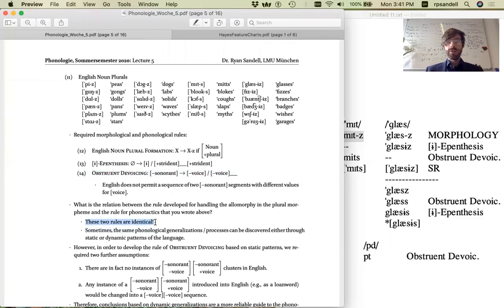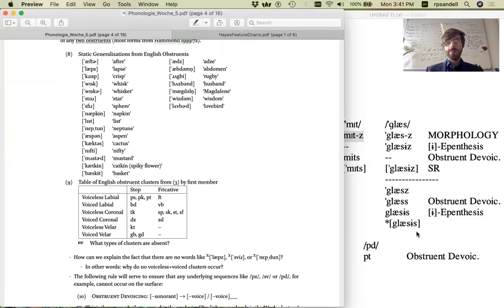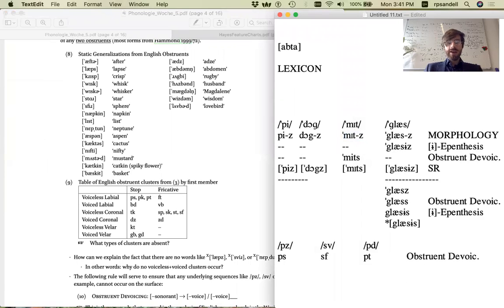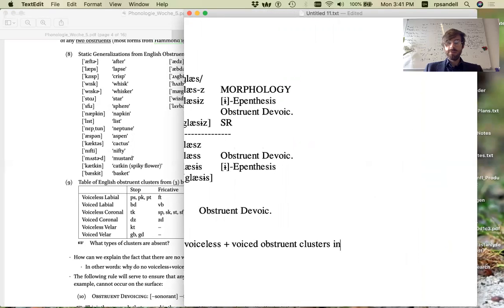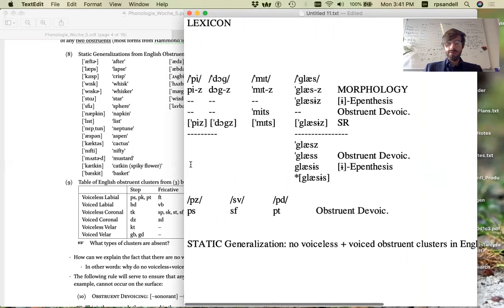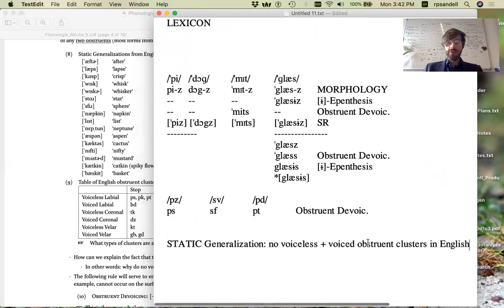Here we have a static generalization based on monomorphemic words, words without involving any other morphology, that there are no voiceless plus voiced obstruent clusters in the English language. There's our static generalization.